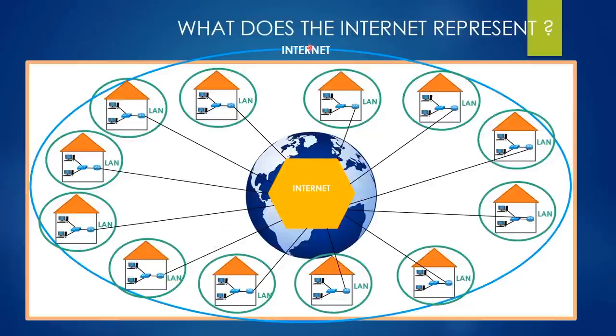The internet is the network of networks. Wonderful. And you can think of this structure as the heart of the internet. For example, when we connect this LAN to the heart of the internet with this cable, this LAN will be included in the internet, and it can communicate with other devices that are connected to the internet.